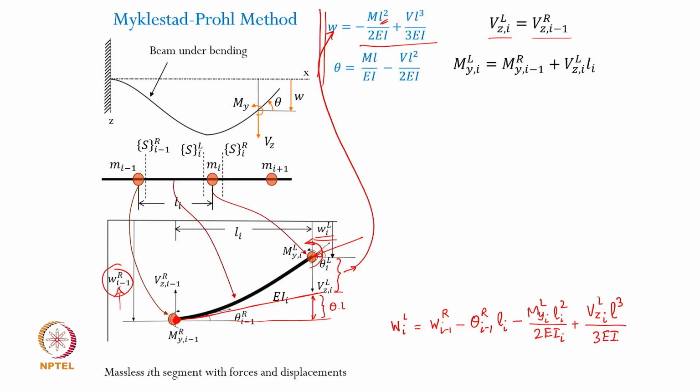Now in the discretization you can have each segment with different cross sectional dimensions, right. So if you have a tapered beam, when you discretize you can assume this cross sectional dimension to be different than this particular segment. So each segment can have its own I value which is going to be different, okay.